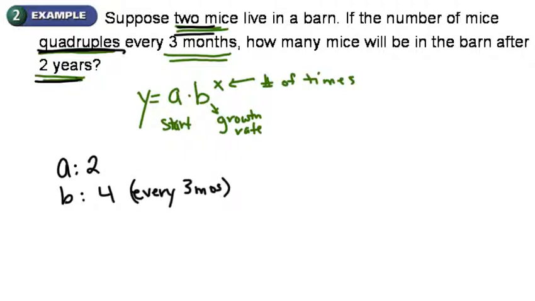And then over the course of 2 years, how many times are these going to quadruple? So every 3 months means 4 times a year. There's 2 years, so x would be 8. All right, setting this up, we have y equals 2 times 4 to the 8th power.